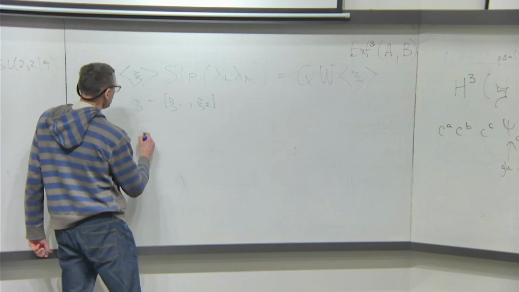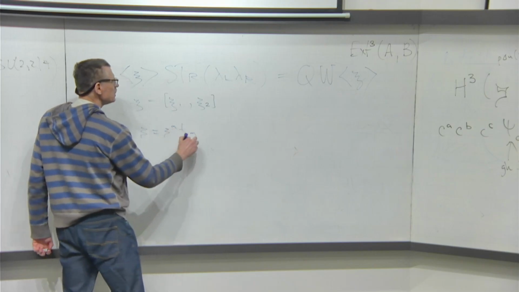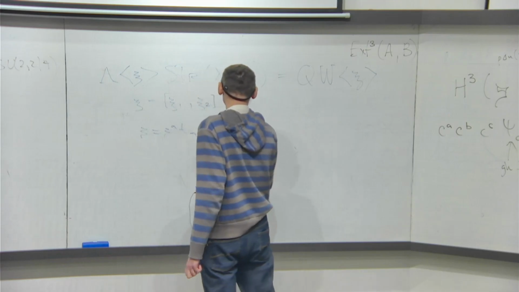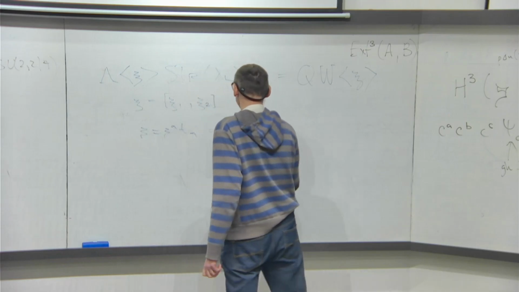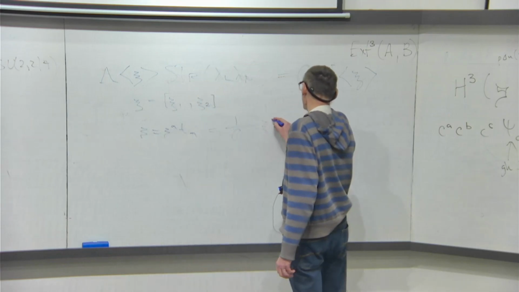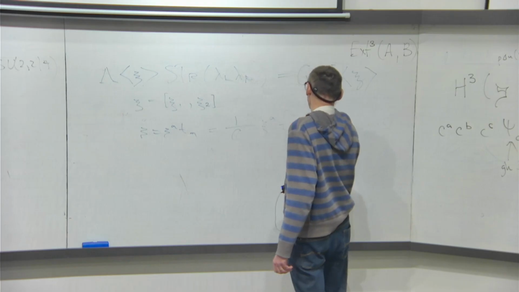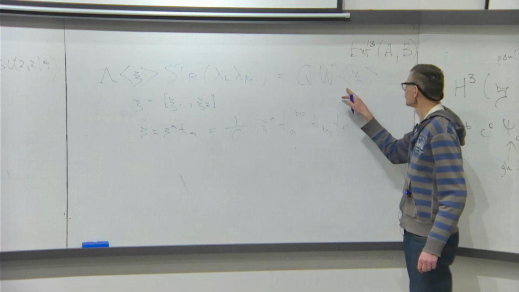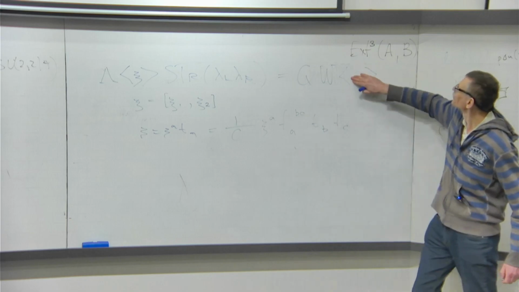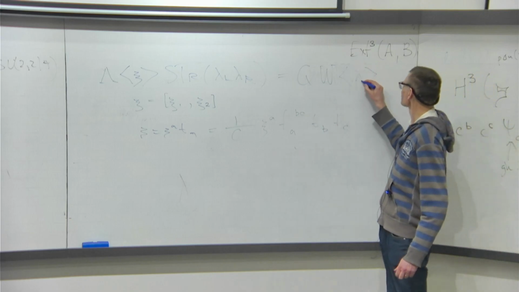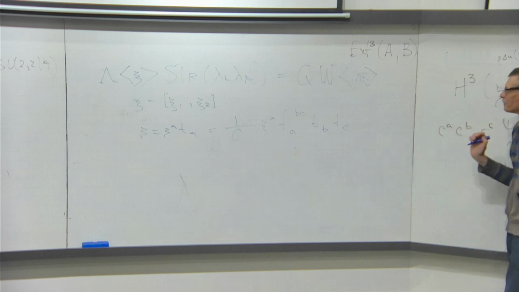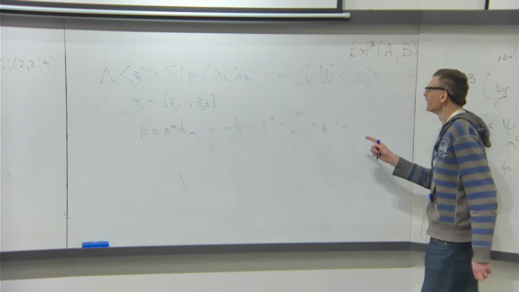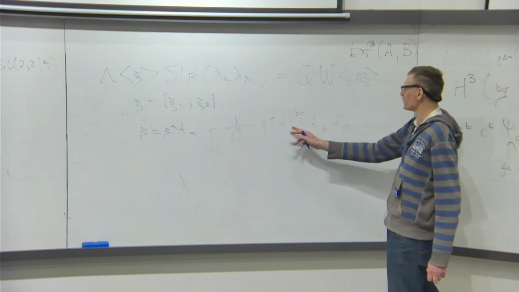So if psi equals psi^A T_A, where T_A are generators of the algebra, then I would say that it is equal to 1 over the quadratic Casimir of psi^A f_ABC T_B T_C, and then I substitute this into this formula. So here I need Xi1, Xi2, Xi1 wedge Xi2. But this doesn't work in the supersymmetric case because C is 0.